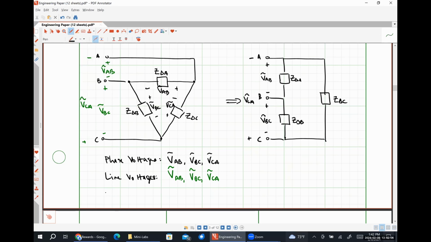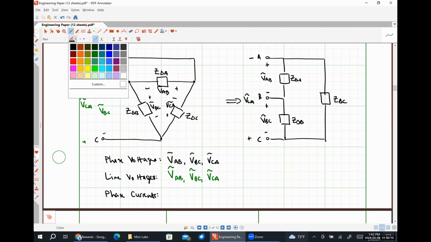And then lastly, we have our phase currents. Once again, IAB, IBC, and ICA.